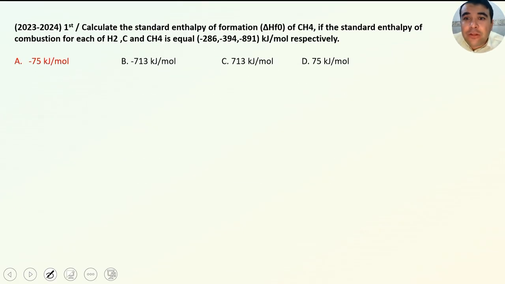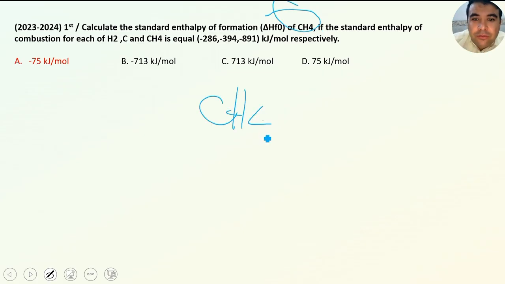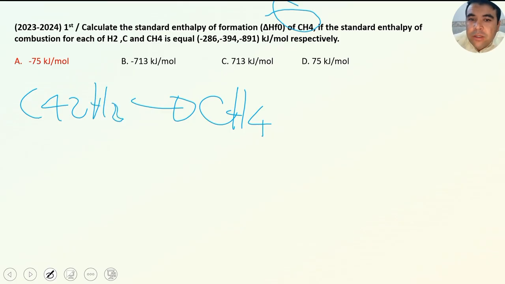The next question, calculate the standard enthalpy of formation for methane. So it requires to calculate this, guys, carbon plus 2H2. Calculate the enthalpy of formation for methane. Enthalpy of formation, 1 mole of compound must be formed from the elements. Okay, if the standard enthalpy of combustion for hydrogen, carbon, and methane is given to us, that means combust each of those guys.